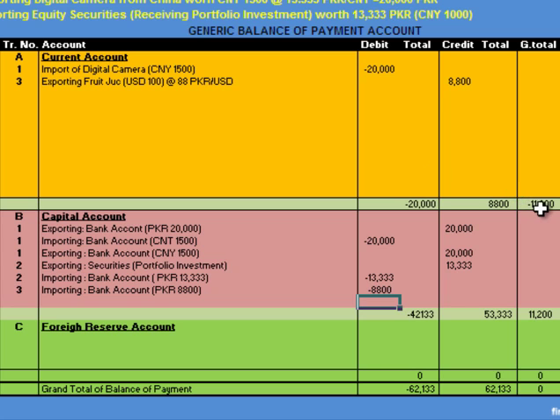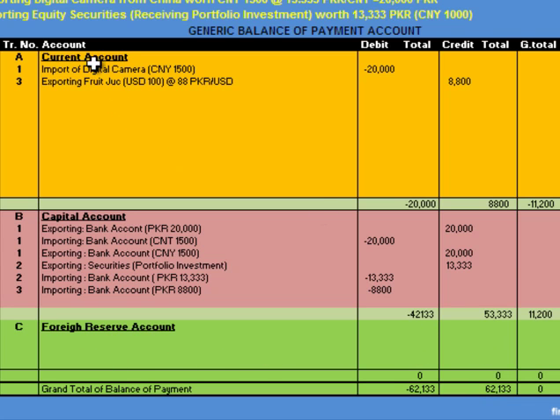Now again observe the balances. Current account still has a deficit of 11,200. Capital account has a surplus of 11,200, but the balance of payment as a whole is balanced, because the total of debit entries, which is 62,133, is equal to the total of credit entries, which is also 62,133, and there is no transaction in foreign reserve account.